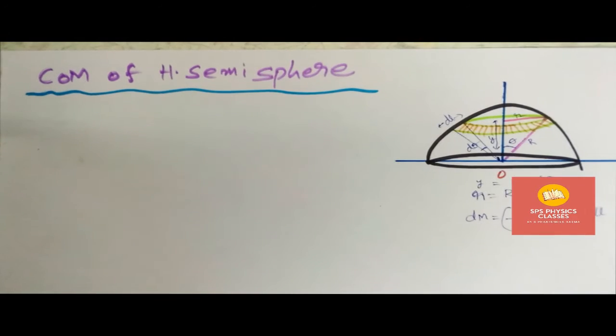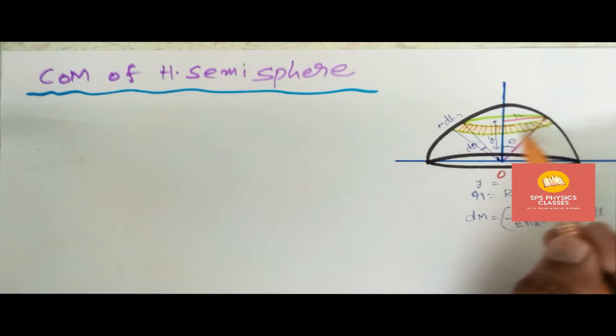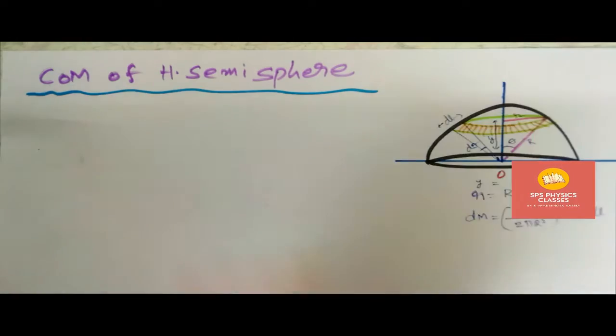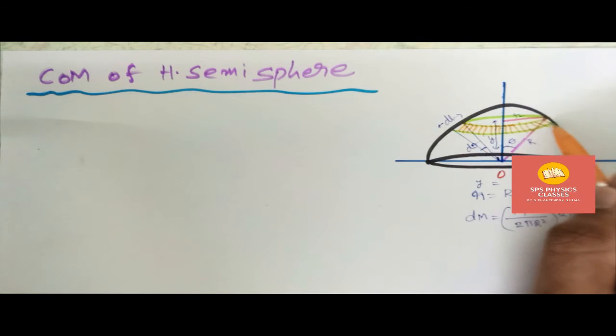The mass of the annular ring is the surface mass density into the area of the elemental length. What is meant by surface mass density? It is the mass of the object per unit area.